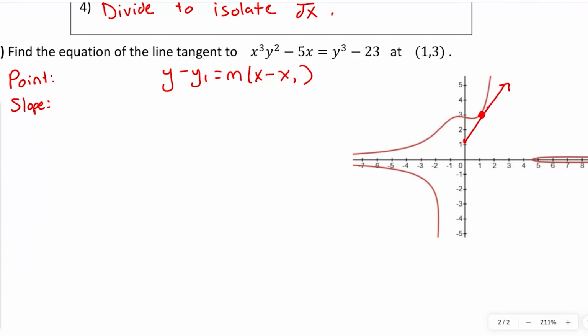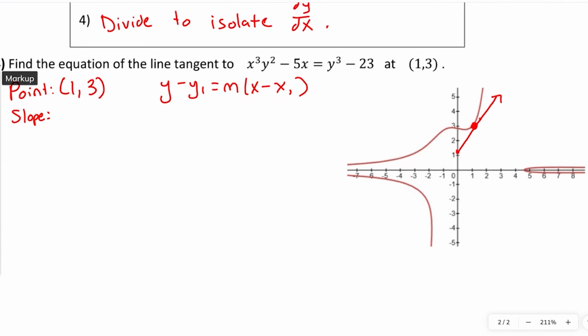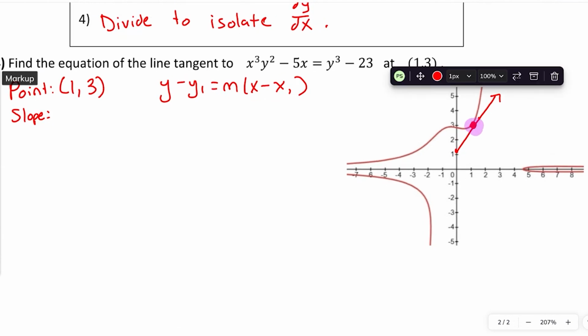All right, so the point, what's kind of nice here is, before we had to figure out what the y coordinate was of the point typically. Here it's given. The point is going to be (1, 3), that point that we see over here.